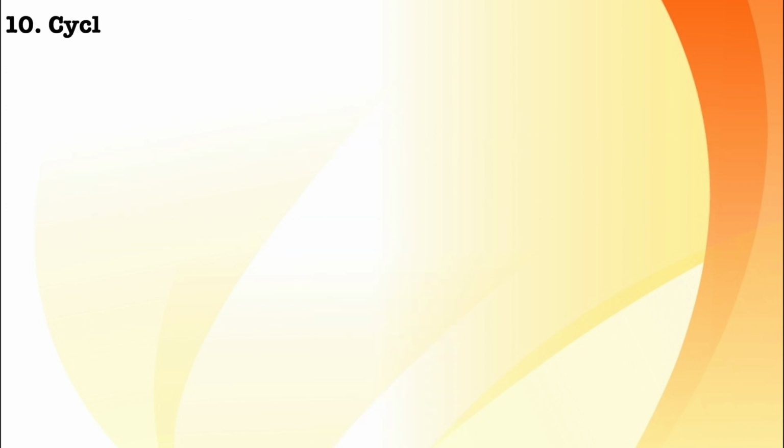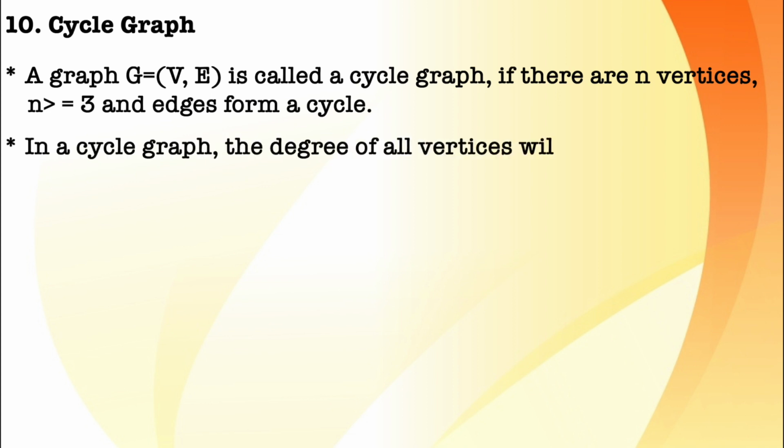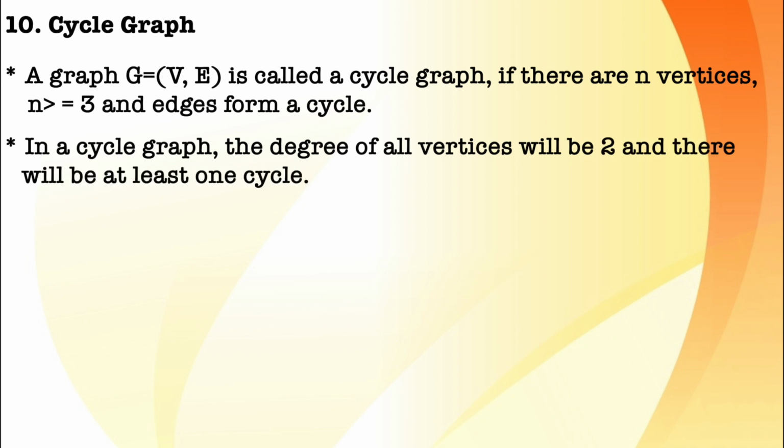Next is cycle graph. A graph G equal to (V, E) consisting of n vertices, where n is greater than or equal to 3, and edges form a cycle, is called a cycle graph. In a cycle graph, the degree of all the vertices will be 2 and there will be at least one cycle.